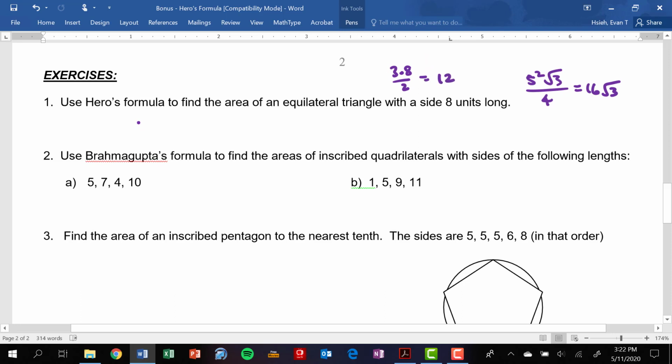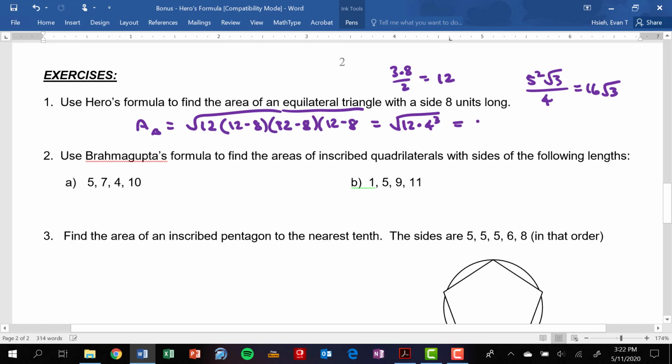And so the area of the triangle is equal to the square root of 12, and then you just do 12 minus 8 three times. So it's going to be the square root of 12 times 4 cubed, which simplifies to 16 root 3. So you get the same answer here as well as here.